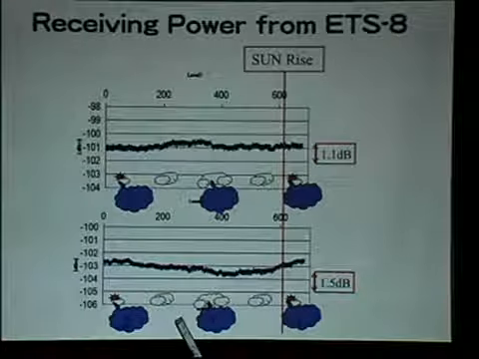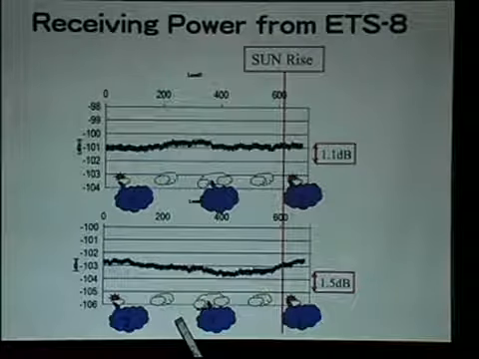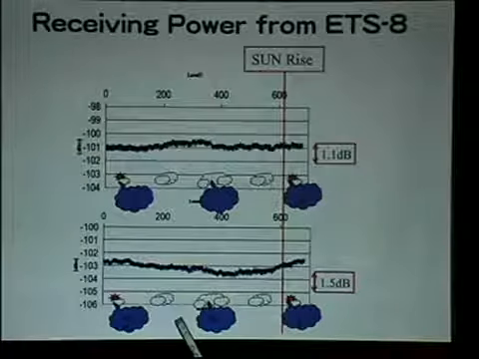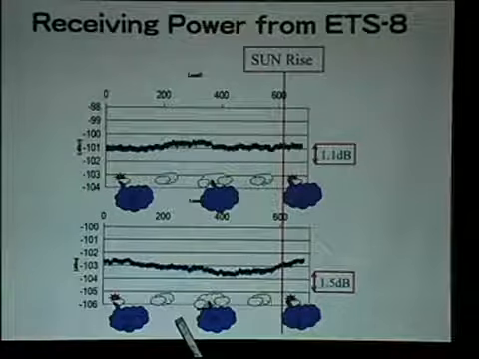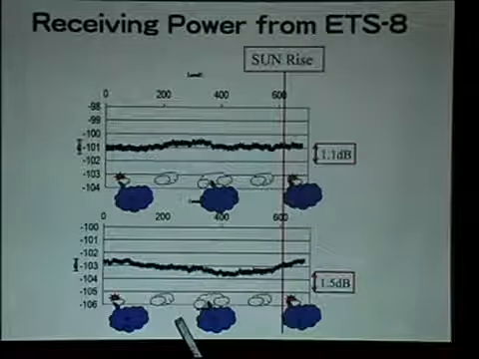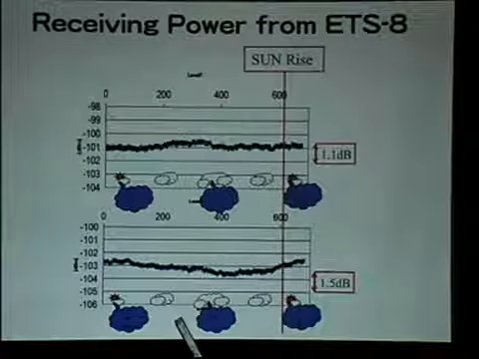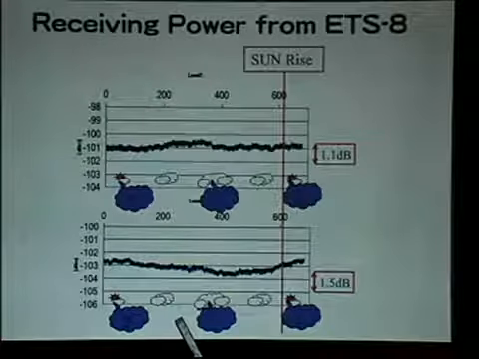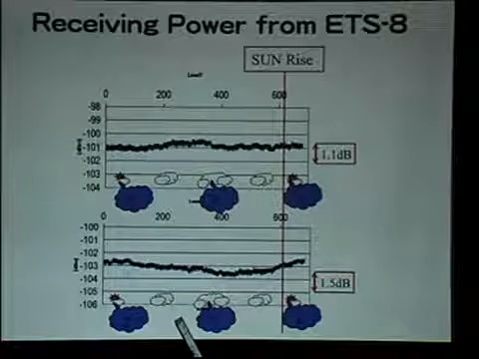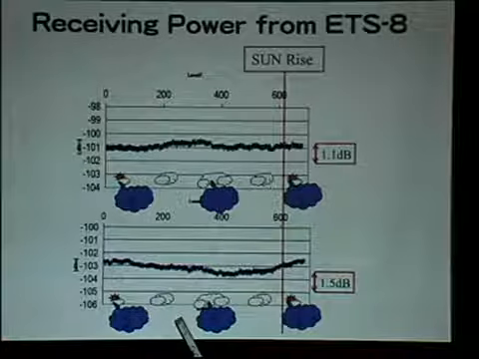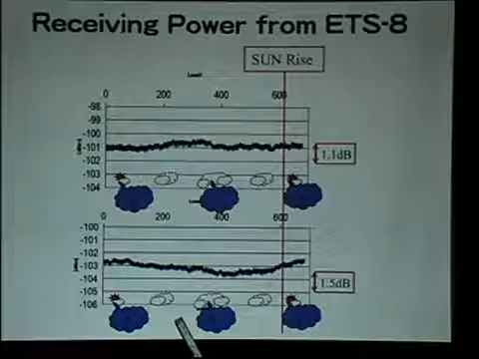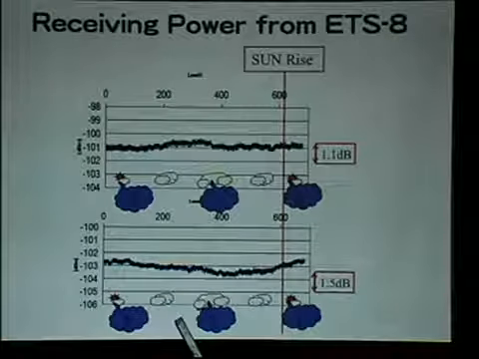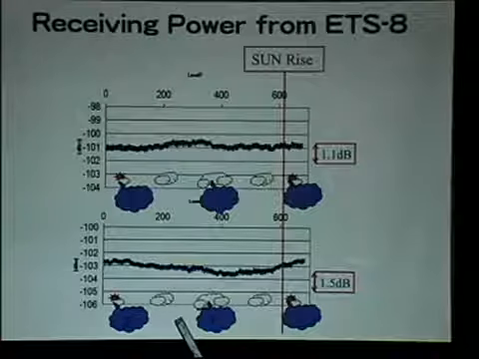This timing has a lot of cloud, but the cloud has disappeared, and the receiving level is almost the same. So it means no influence from the cloud and atmosphere.